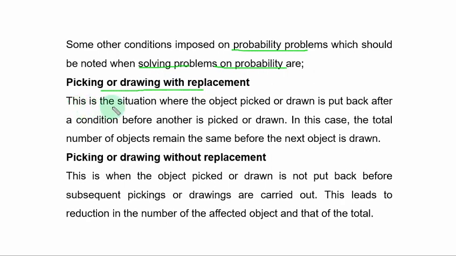This is the situation where the object picked or drawn is put back after a condition before another is picked or drawn. You always replace it if you have the condition of with replacement. In this case, the total number of objects remains the same before the next object is drawn.